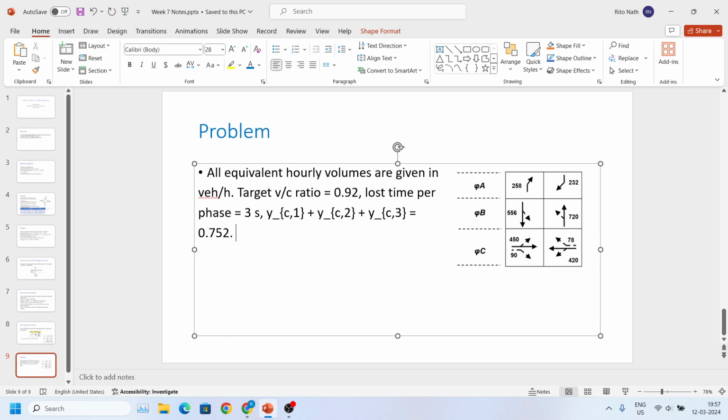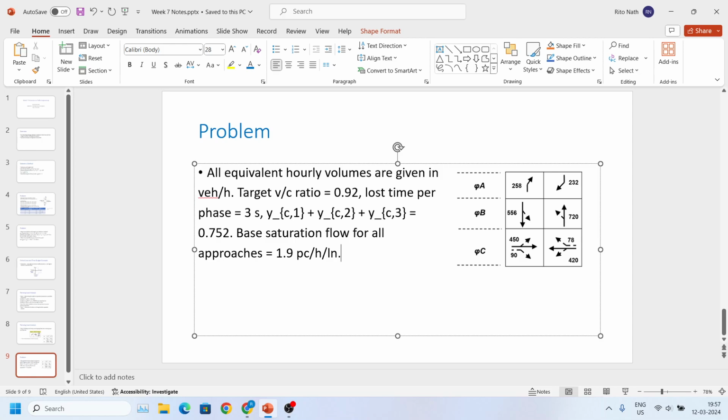Base saturation flow is also given for all approaches. So this is 1.9. Yeah, the additional data I think is required for other problems. So maybe I'll come back to that later.